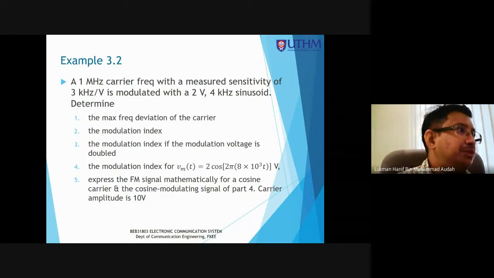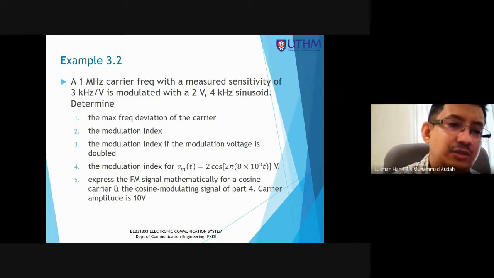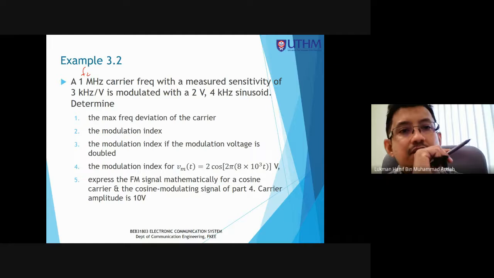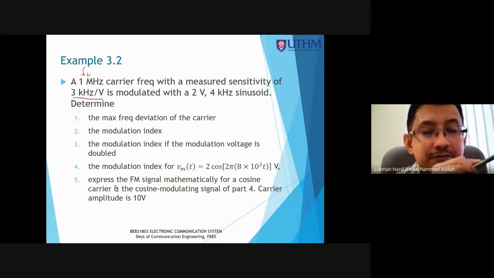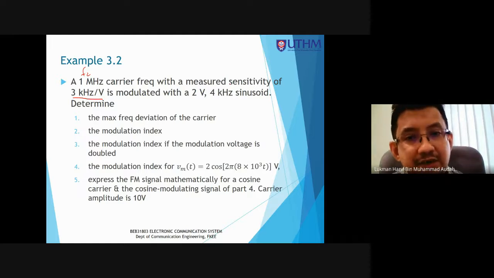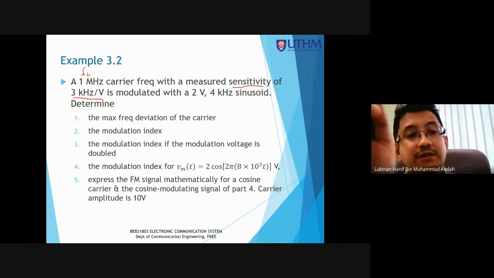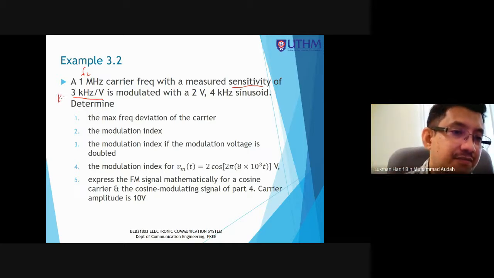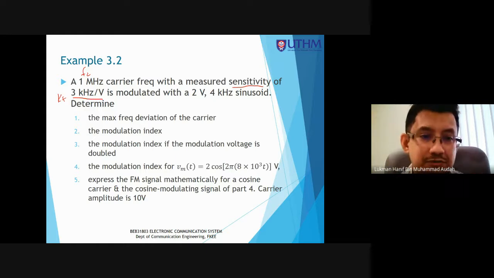So example 3.2, 1 MHz carrier frequency, terus buatlah FC, with a measured sensitivity of 3 kHz per volt. Nampak sensitivity parameter. So is this KF or is this KP? This is in terms of hertz per volt. That means this is KF. Sensitivity parameter, hertz per volt.